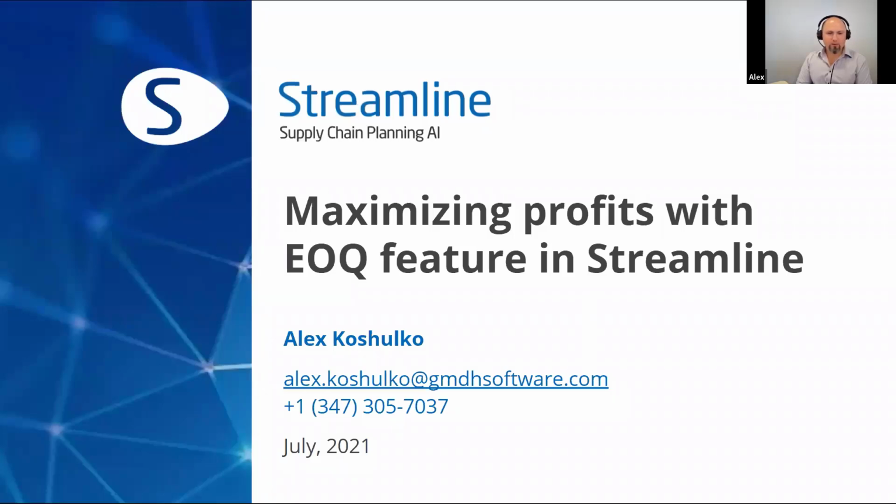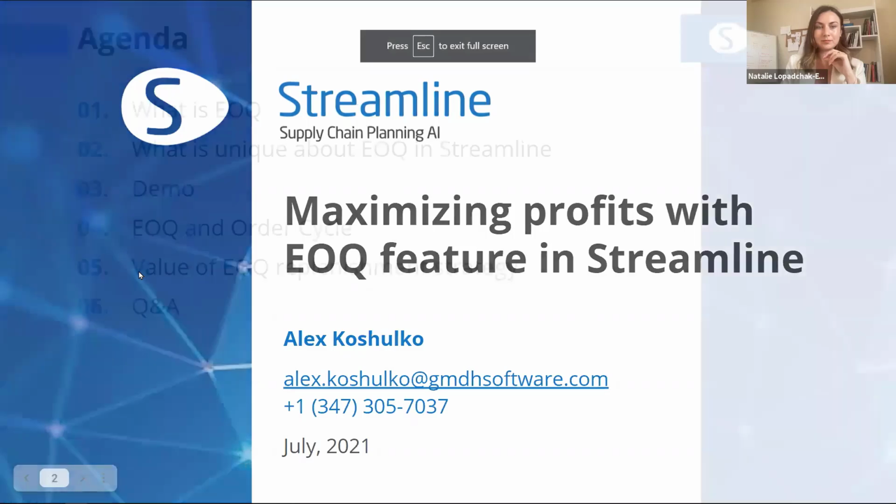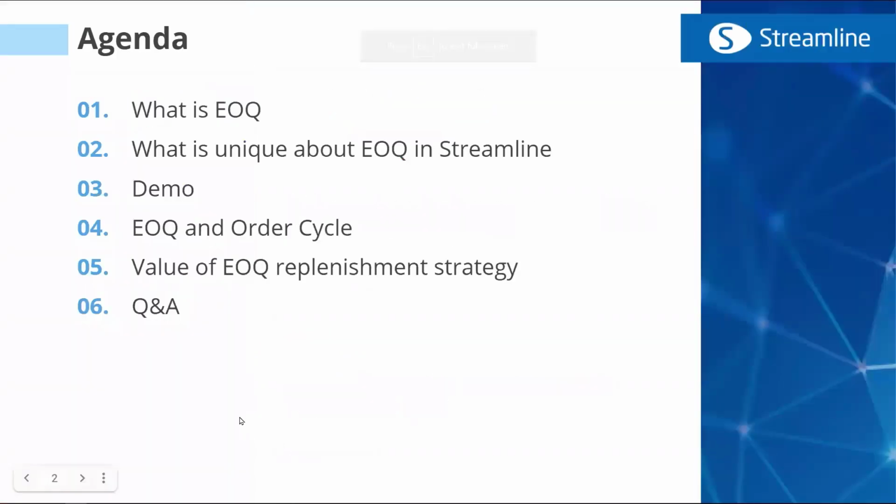So it's a good time to give it a try, to experiment with optimization using EOQ, since you'll have it in Streamline. Let's start with the presentation. Our agenda for today is about classic and simple EOQ, then about unique features that Streamline adds to EOQ.